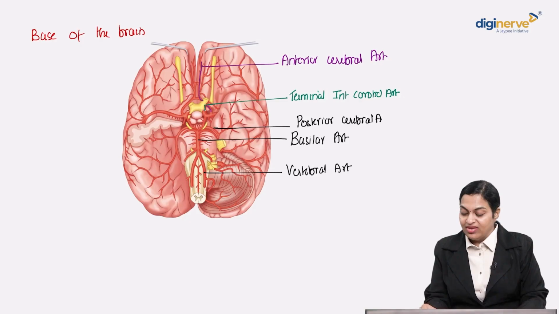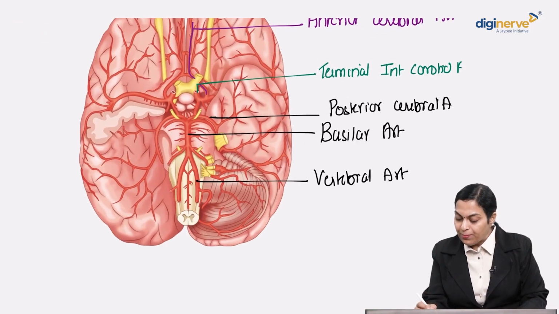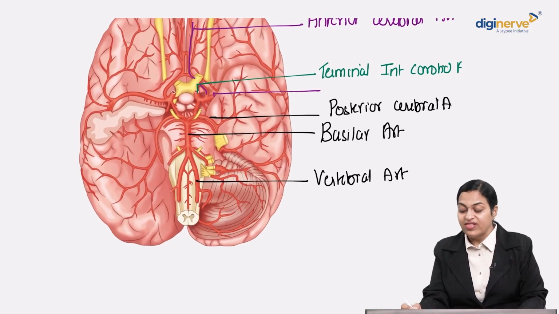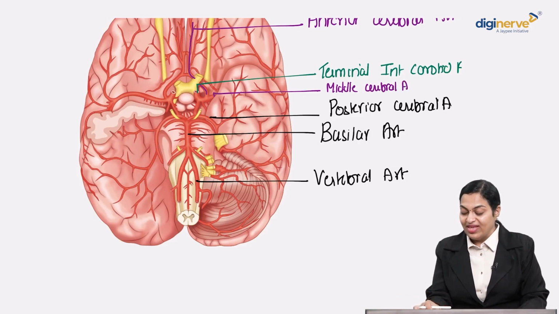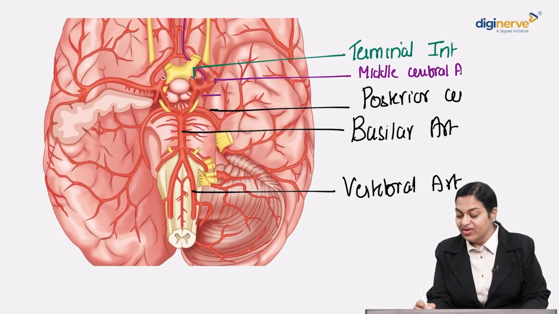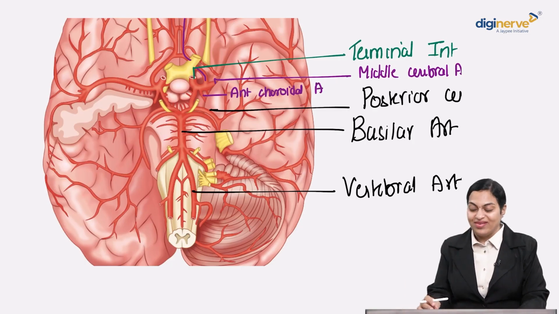Right? This one here is a larger terminal branch of the internal carotid artery, the middle cerebral artery. This one here is the anterior choroidal artery coming from the internal carotid artery.